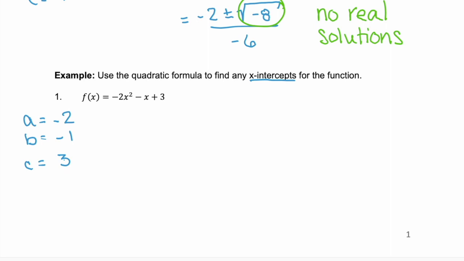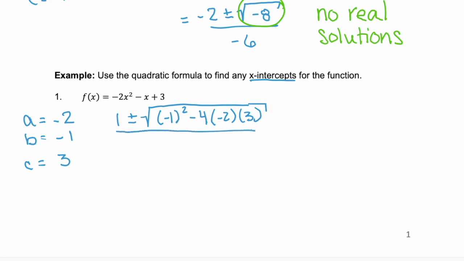And then we plug it into the quadratic formula. -b would be 1 plus or minus the square root of b squared minus 4 times a times c divided by 2 times a. And now we start simplifying. 1 plus or minus the -1 squared is 1. -4 times -2 is 8 times a 3 is a positive 24.